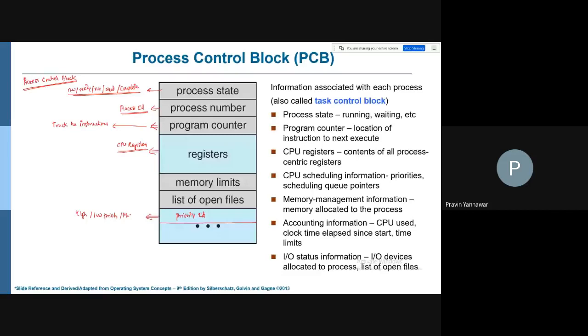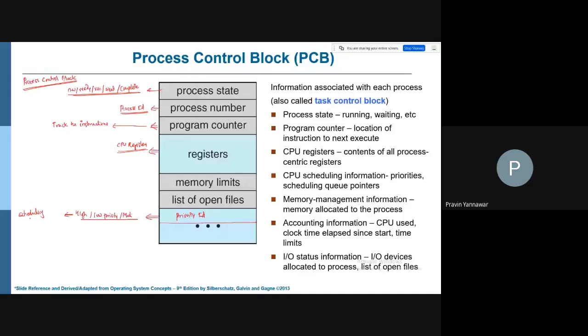So each process has process priorities also, and this will help in scheduling purposes.